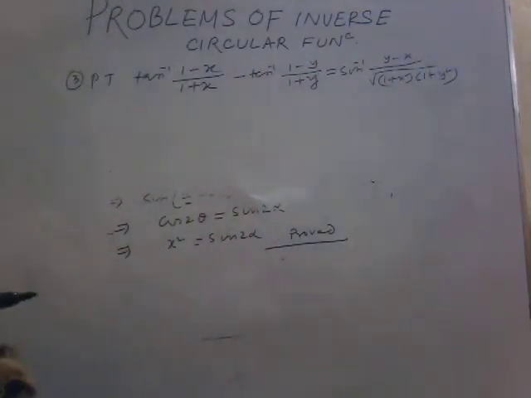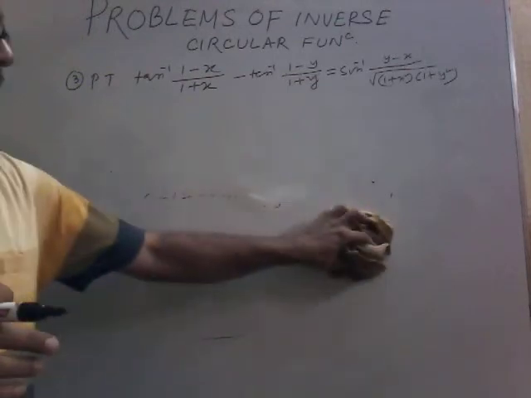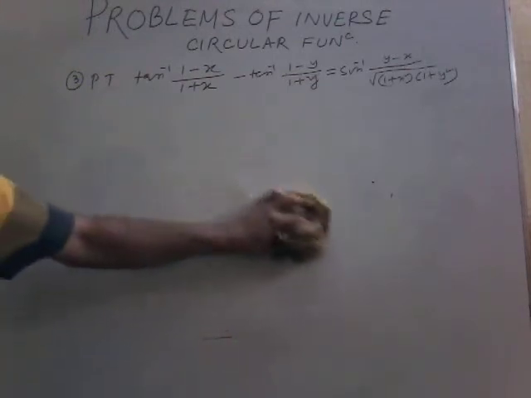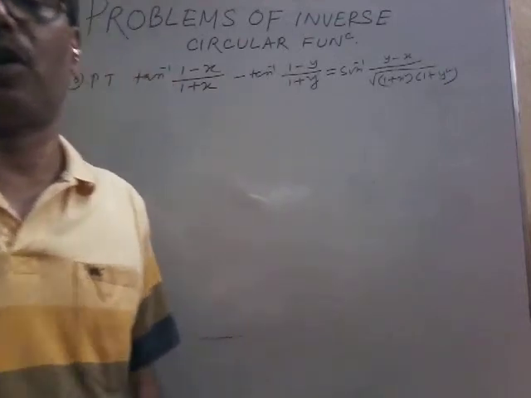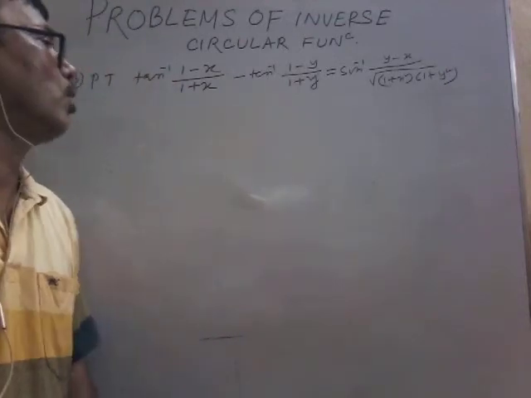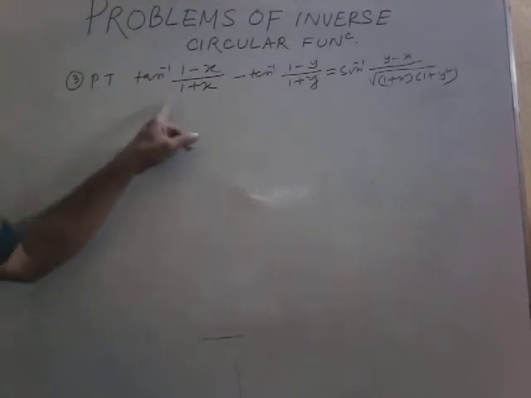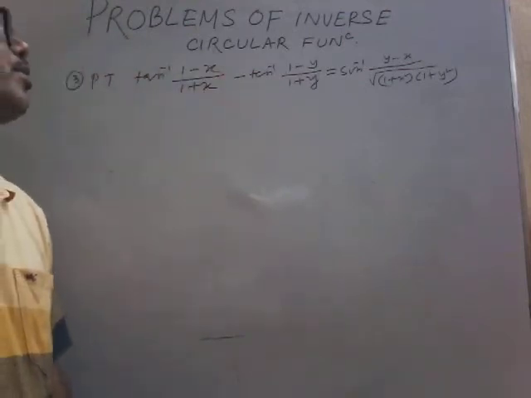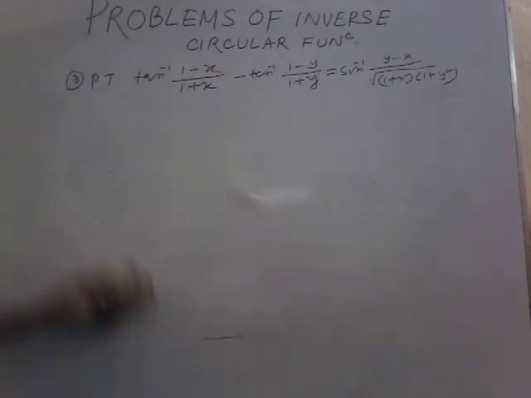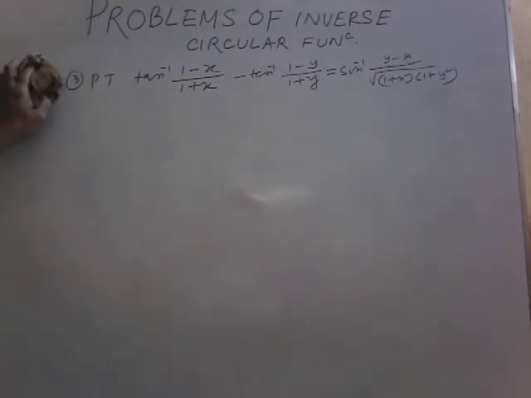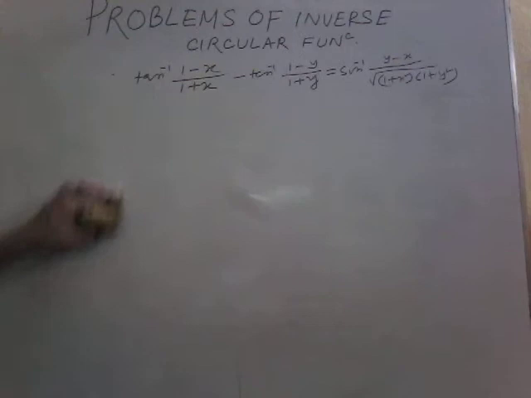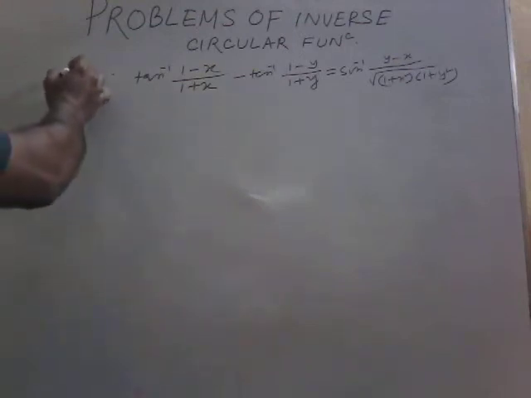In the previous class, I have also solved a problem of this type. Only the left hand side was in terms of cos inverse x and cos inverse y. Now look, consider the left hand side.